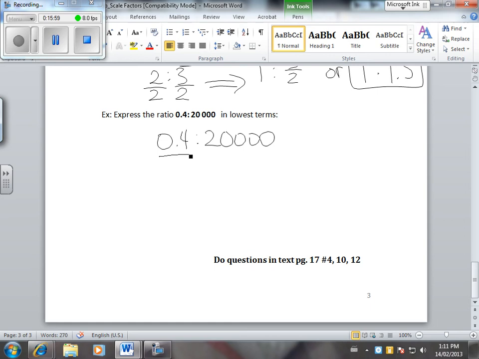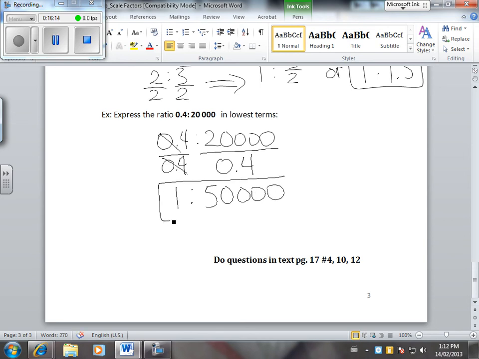So we'll divide both by 0.4. So this would give me 1 to 50,000. And that's my lowest term. So when you're looking at a ratio, we always want to have a 1 in here. And to get a 1 as the first term, you just divide by the smaller number, and then you'll end up with a 1.